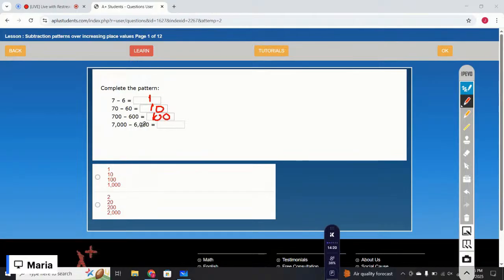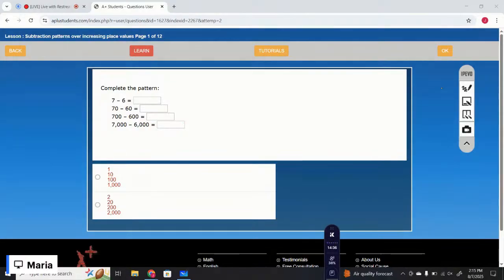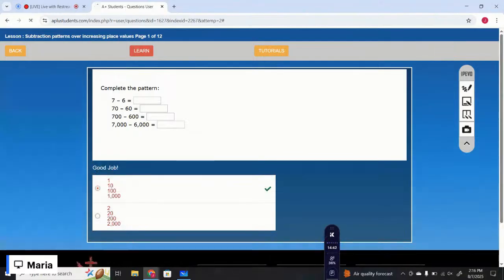And 7000 minus 6000 is 1000. So option number one is the correct option. That is 1, 10, 100, and 1000.